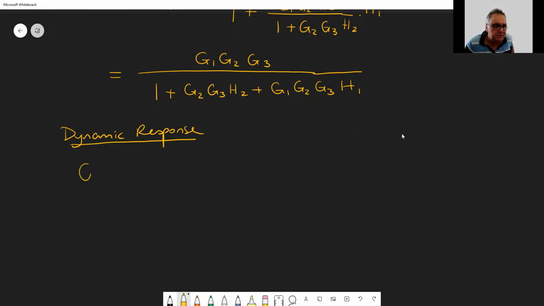Simple example is G of S is, let's say, 1 over S plus some A. A very trivial example. This is a first order system.